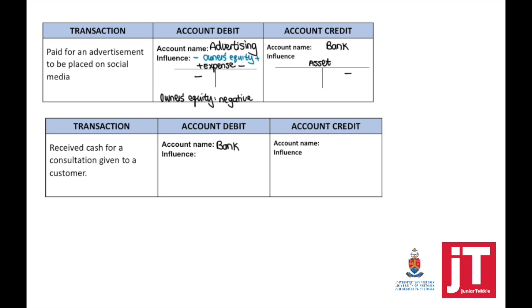Our main income from services rendered is called fee income, or another word that you can use is current income. If bank is debited, it means the rest, which will be your fee income, will be credited. Bank is regarded as an asset which is debited, therefore your assets will increase. Fee income is regarded as an income, which will influence your owner's equity.